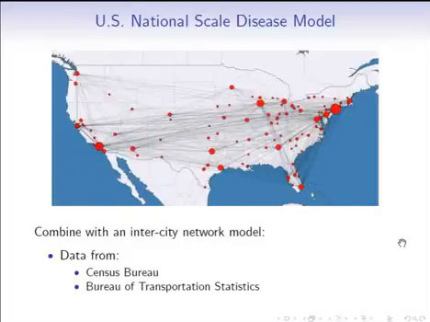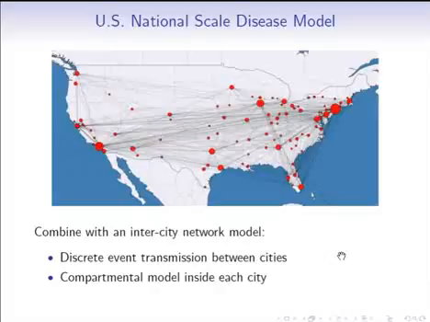This intercity network is populated using data from the U.S. Census Bureau and from the Bureau of Transportation Statistics. In this picture, each circle represents a city, and the size of the circle is proportional to the city's population. And the thickness of a line connecting two cities is proportional to the number of daily travelers between those two cities. So you can see some thick lines here in the northeast.